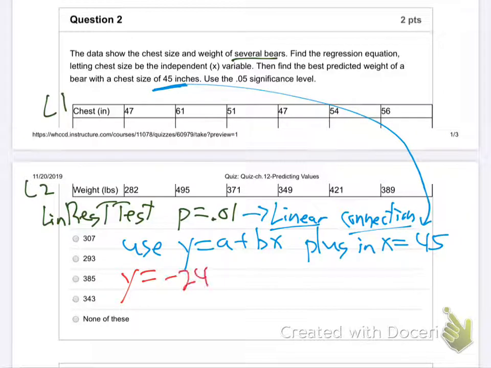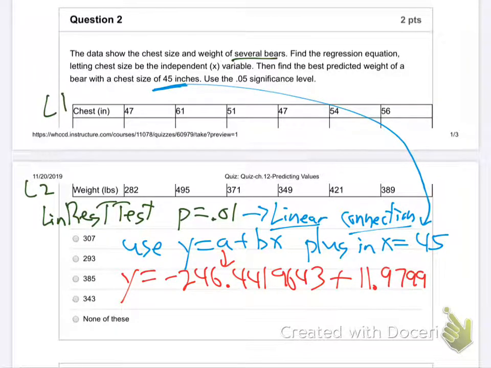The A is minus 246.4419643 plus the B, that's the A, and then the B is 11.97991071 times X times the 45. Hit the buttons on your calculator.